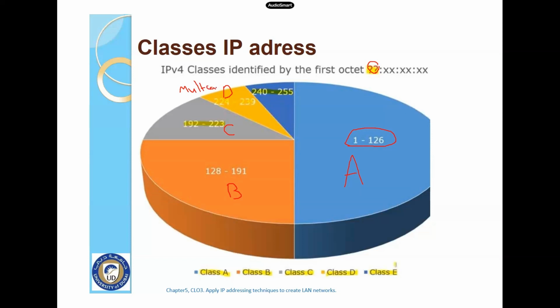Multicast, not multitask, multicast. And this one here, 240 to 255, that is class E, and that is usually for testing.